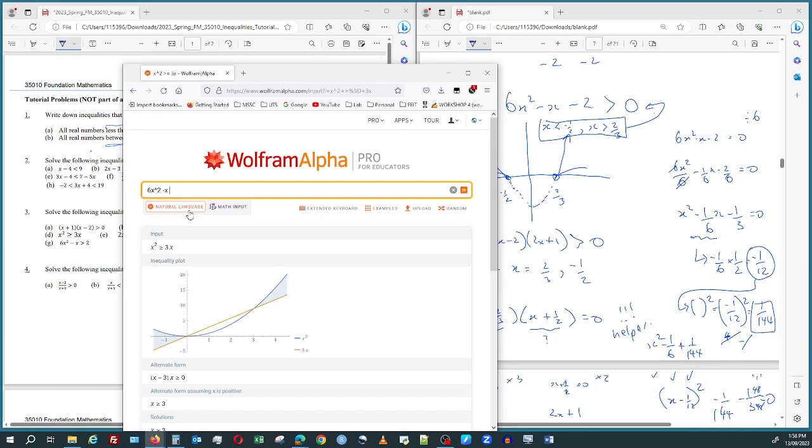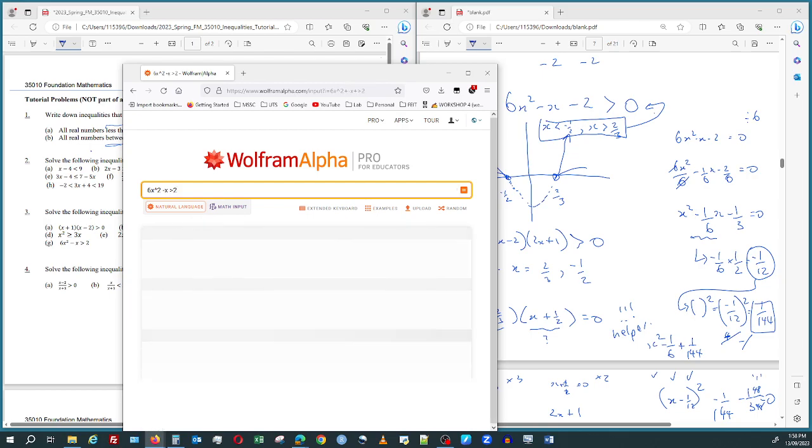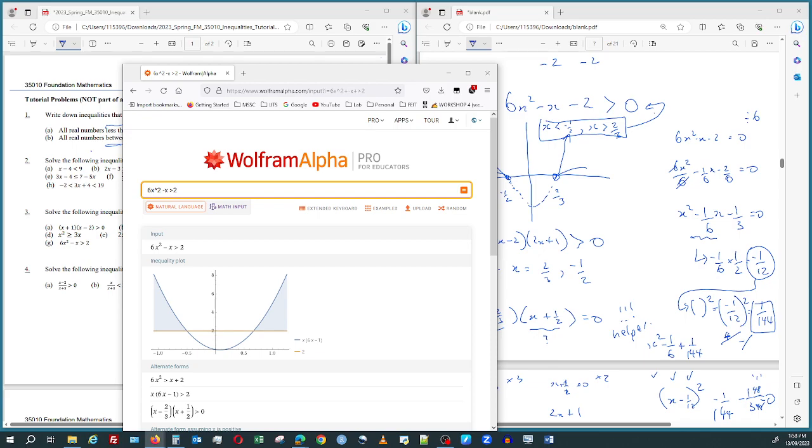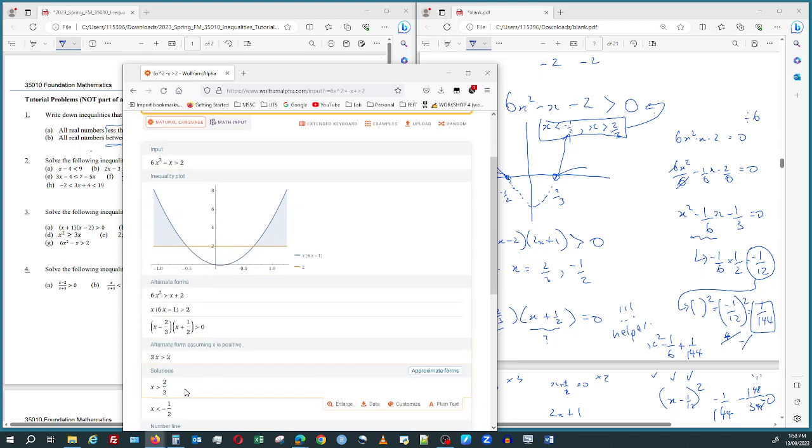That's how it was originally, wasn't it? That's how it comes out in the question. Greater than 2, 6x squared, and there's our two values. Half, 2/3. There they are, 2/3 and a half. They're our solutions. Aren't we good?